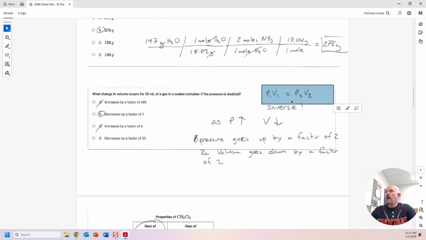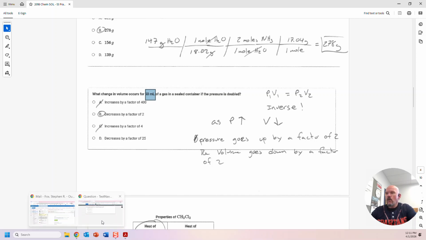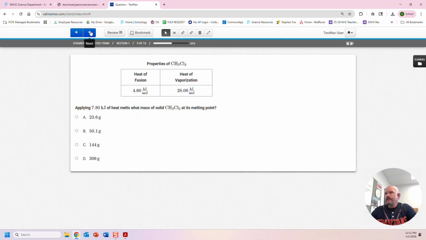I think what maybe they get confused by is the initial volume was 50, so the volume should go down to 25, and so maybe that's why they have the 25 number there. So the new volume should be 25 milliliters, which is a decrease of volume by a factor of 2. Okay. All right, let's go to the next one.